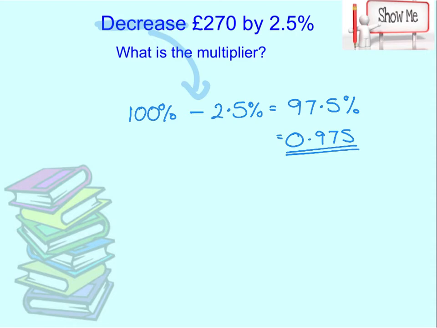There's another one done for you. Just put in divide by 100. When I lose the percentage sign, I divide by 100.